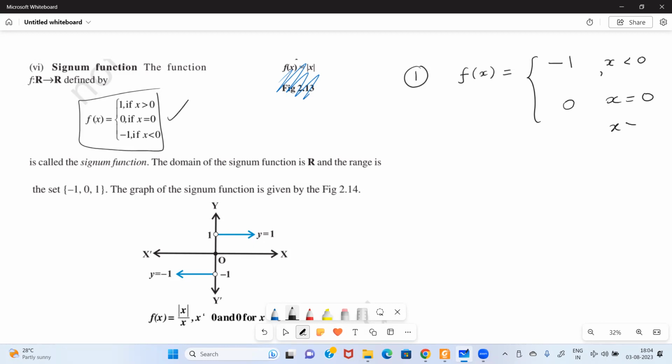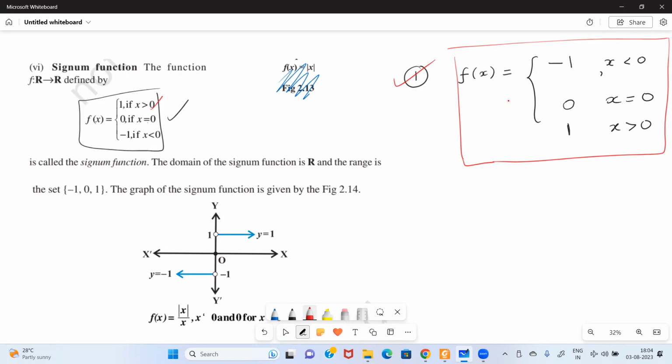When x is greater than 0, what is the function's value? 1. So either you can write it like what I have written, or you can first write x greater than 0 and then equal to 0, less than 0, whatever, it does not matter. Usually we write it like this. You can follow any convention, no problem. But you must not interchange, otherwise the function definition is wrong.